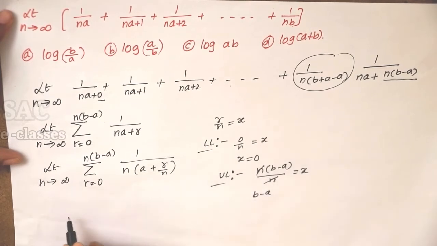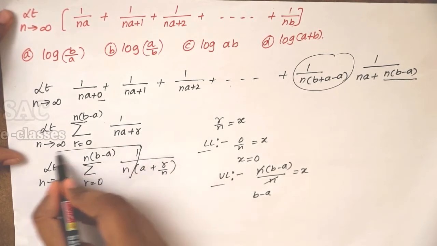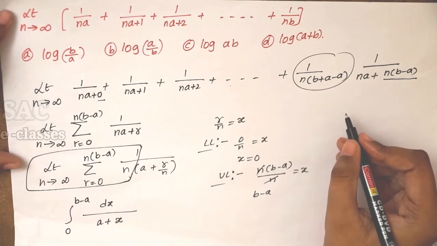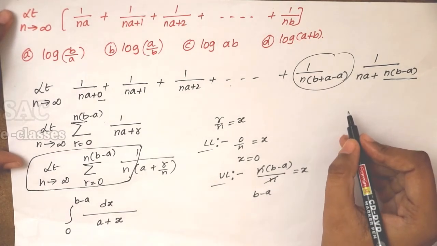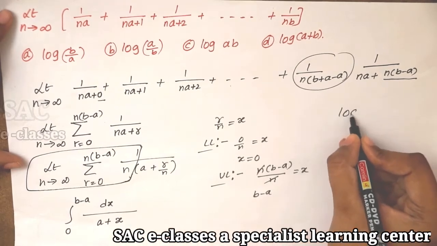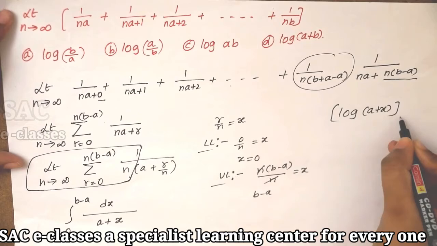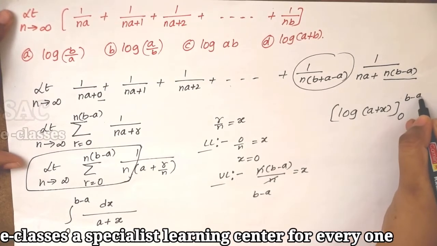So integration 0 to b minus a, dx by a plus x, because this is totally converted in terms of integration. We know that integration of dx by a plus x can be written as log of a plus x, from 0 to b minus a.